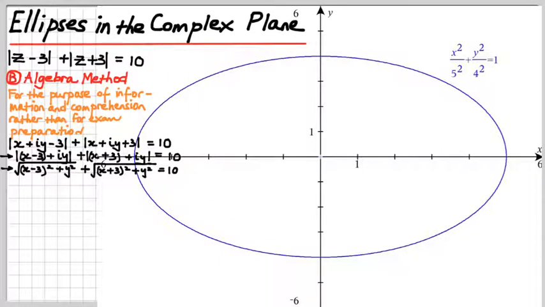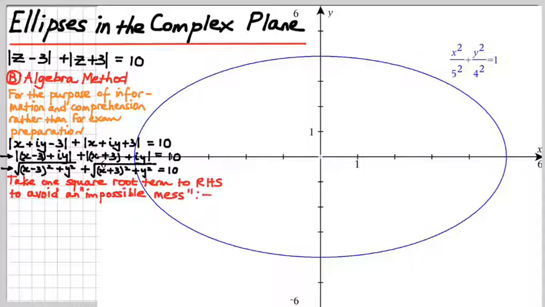Now, you have to be aware that you have got to put one of those square root signs over the other side. Otherwise, you are going to end up in an impossible mess, which you'll be so deeply ensconced in the algebra mud you'll never get out. So we'll do that to save our lives.